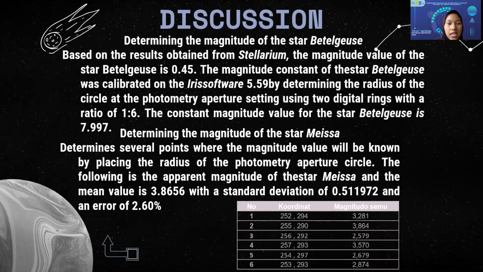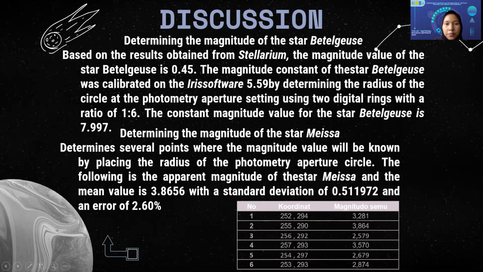The following is the apparent magnitude of Mesa star, and the mean value is 3.8656 with a standard deviation of 0.51197 and an error of 2.60%.